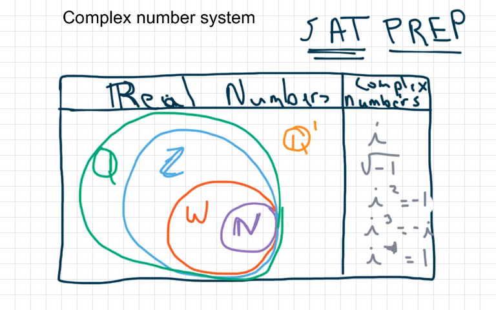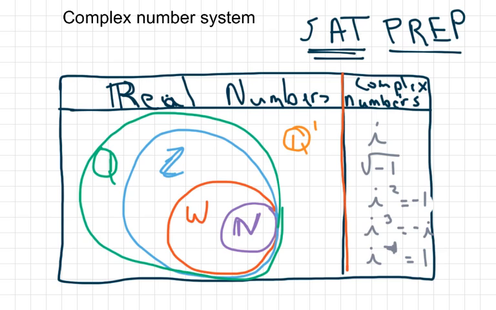The complex number system includes real numbers and complex numbers. Usually when mathematicians talk about complex numbers, they're really talking about your i's that you learned about last year. And usually the real numbers are these numbers here.